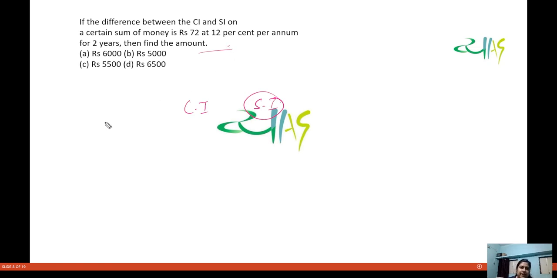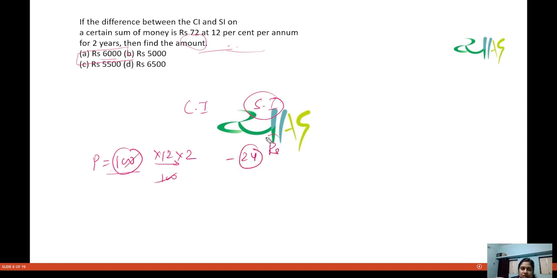Now, for simple interest, let us take principal is equal to 100. We are taking that principal is equal to 100. So if 12% per annum is taken for 2 years, so this is 72. So for 2 years, if I am taking 12% per annum, that means my interest is going to be how much?